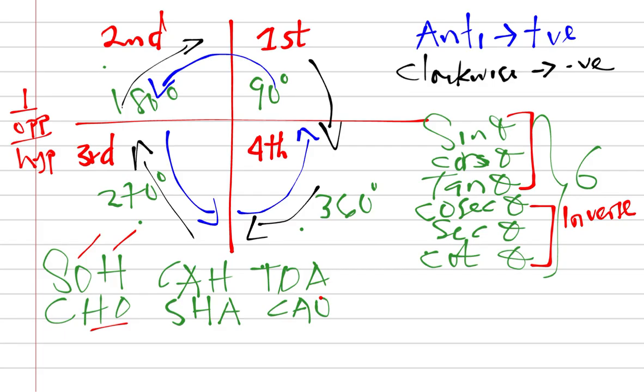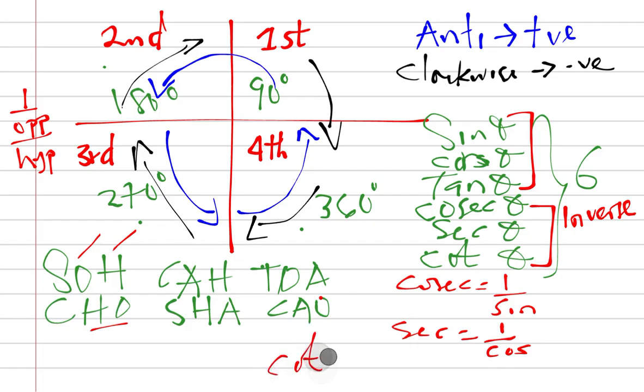So cosec means 1 over sine. Sec means 1 over cos. And cot means 1 over tan. Are you seeing that now?